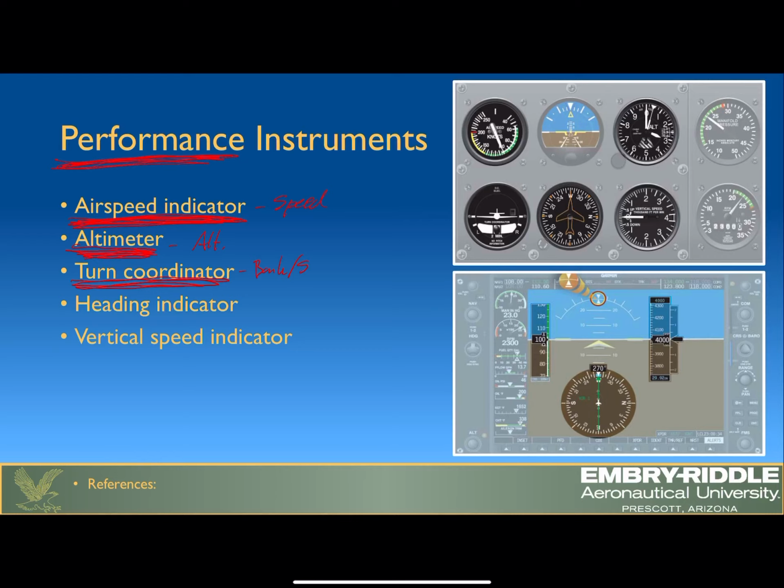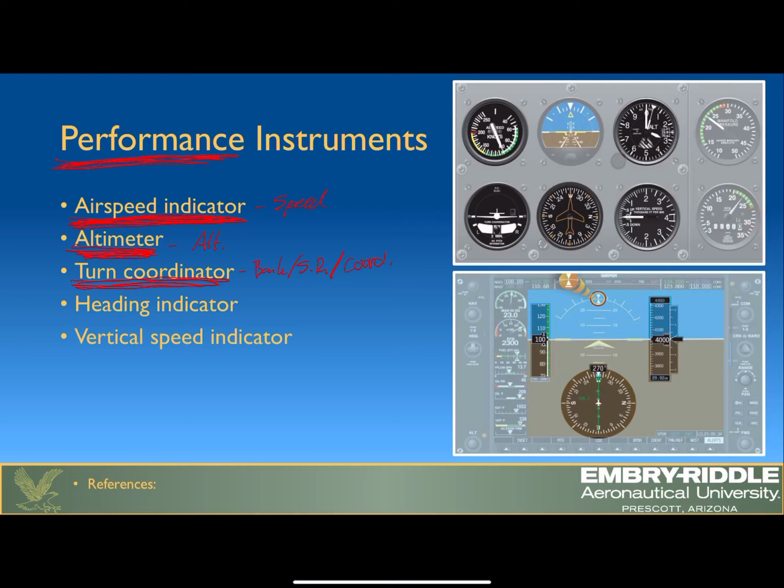I'm just going to write SR for standard rate turn. Are we accomplishing a standard rate turn? Is that the performance we're getting? And then it also has that inclinometer. So it tells us, are we coordinated?